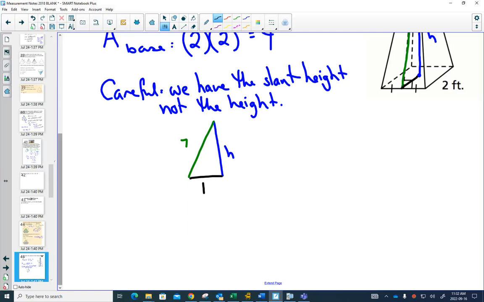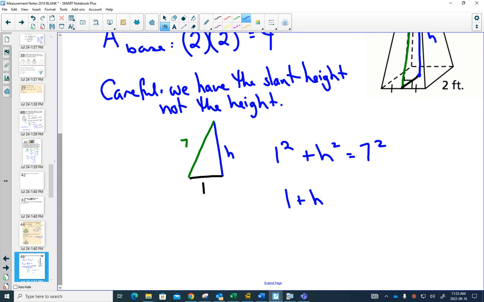And then we get to do, I hope you like a squared plus b squared equals c squared, because you get to use it all the way through grade 12. Lots. Okay, careful, because the h is not the hypotenuse, so careful that we have 1 squared plus h squared equals 7 squared.